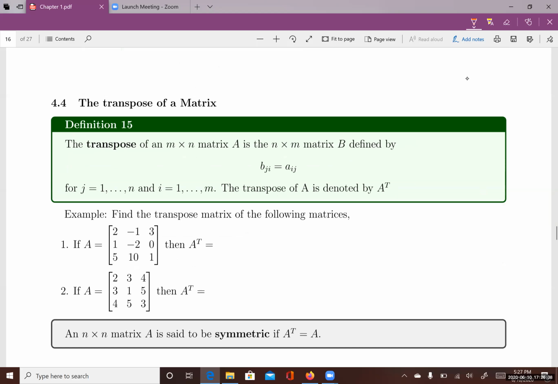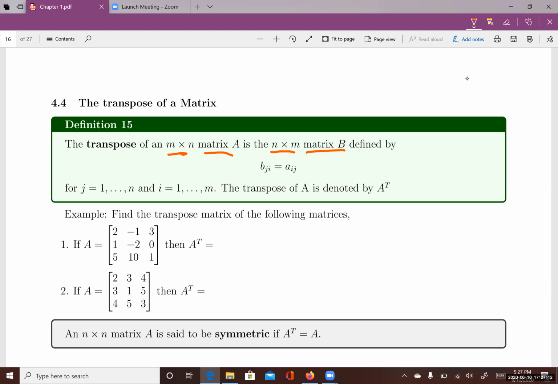The next of the special matrices is the transpose of a matrix. Let's say a matrix A has size m by n. The transpose of A is a matrix B that has size n by m, because transposing means you interchange the rows and the columns.